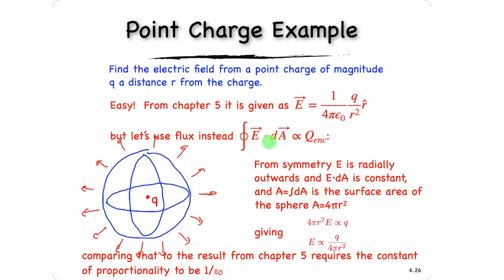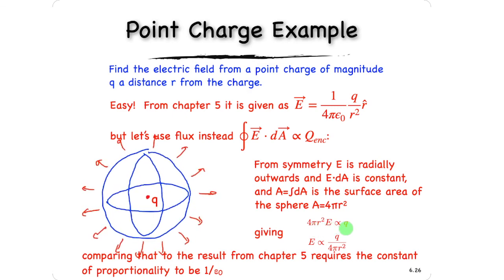And the integral of the area is just the total area, 4 pi r squared. So this term on the left, the integral of E dot dA, just becomes 4 pi r squared E. The electric field is constant, so I pulled it out of the integral. 4 pi r squared is just the total surface area of my sphere. That's what integrating the entire area means.